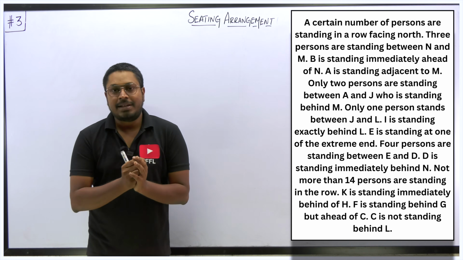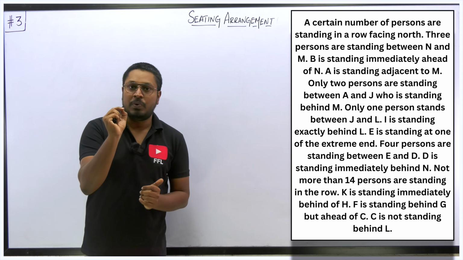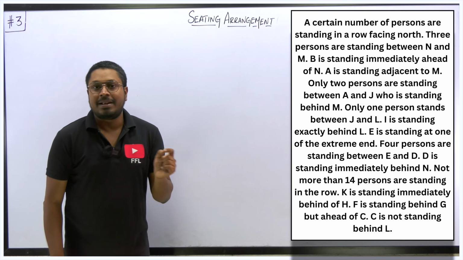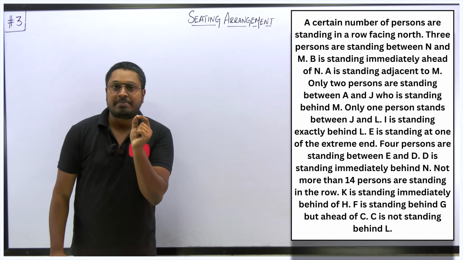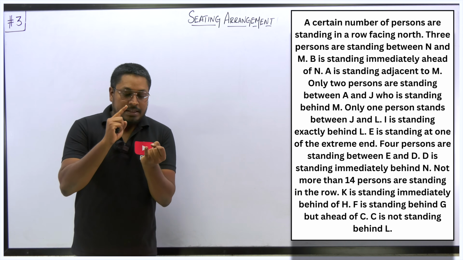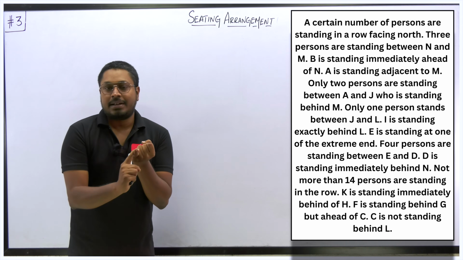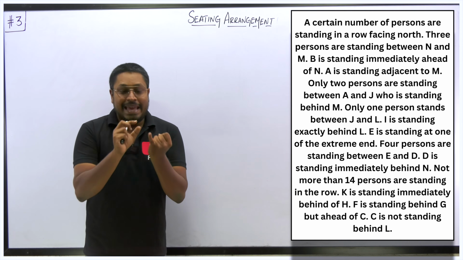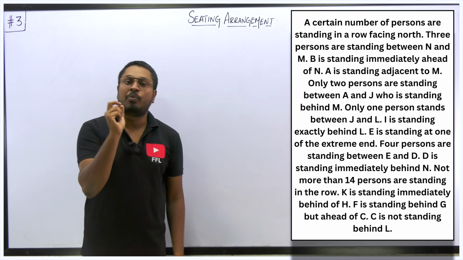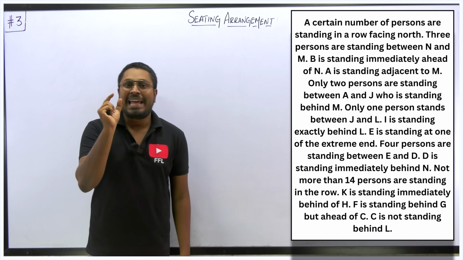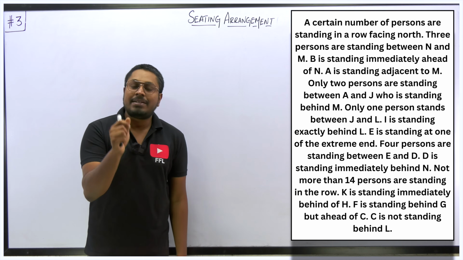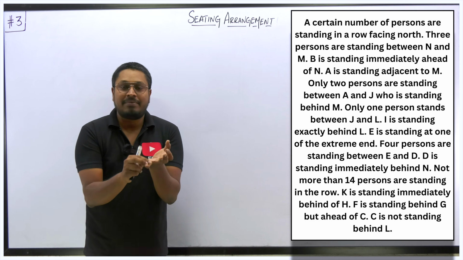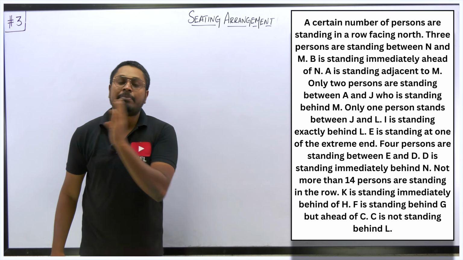But remember one thing, there will be a definite clue in these kinds of arrangements with an unspecified number of people. The clue is, if you find words like, for example, Q is sitting at one of the extreme ends. That word is most important: extreme end. These words are important because from them you can easily eliminate possibilities.